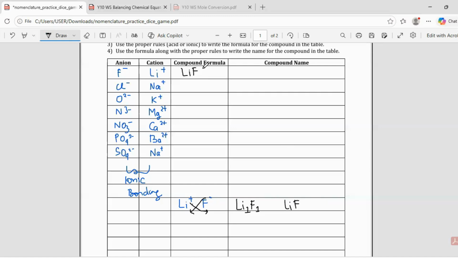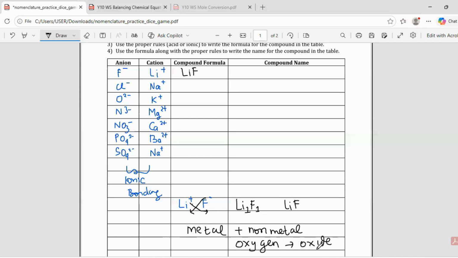And then what will be the name? When it comes to the name, we need to follow the rule. The rule is we need to state the name of the metal, followed by the name of the non-metal. For monoatomic ions, we need to change the last few letters. For example, before we have oxygen, then we change it to oxide.